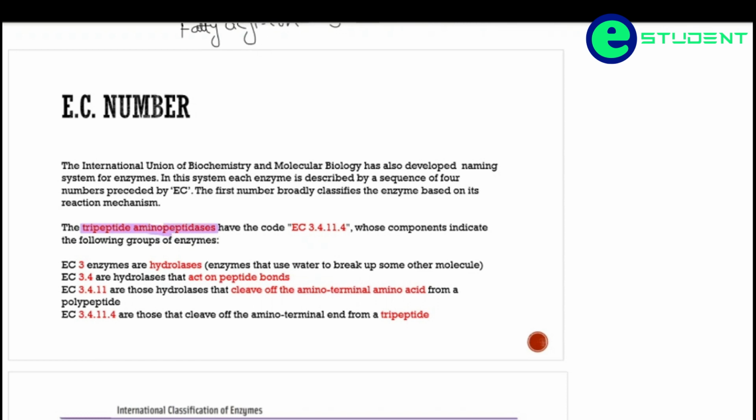Suppose I am giving you 5.3.2.1, okay, so this is 5.3.2.1, 5.4.3.1, like that. So 5 means, according to the EC number, it is an isomerase enzyme. How?